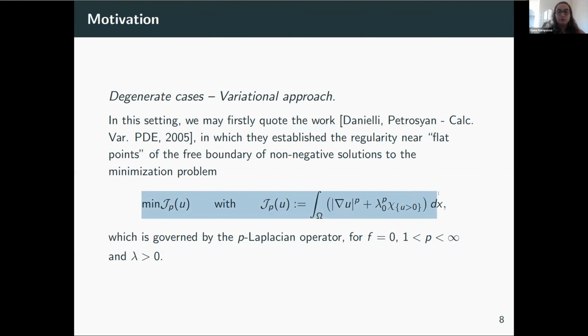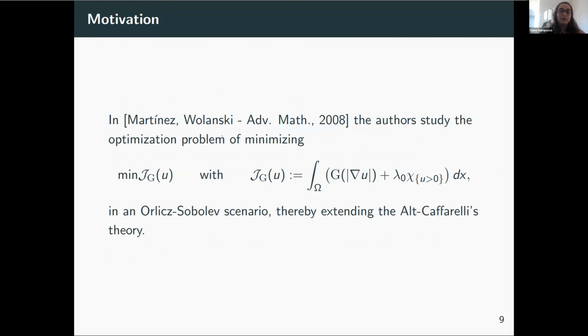This functional is governed by the p-Laplacian operator. We also have, in the Orlicz-Sobolev scenario, the work of Martínez and Wolanski in 2008, where they studied the problem of minimizing this functional.